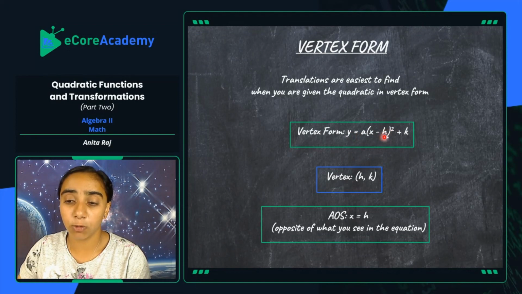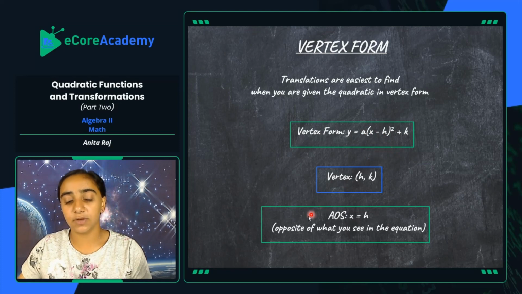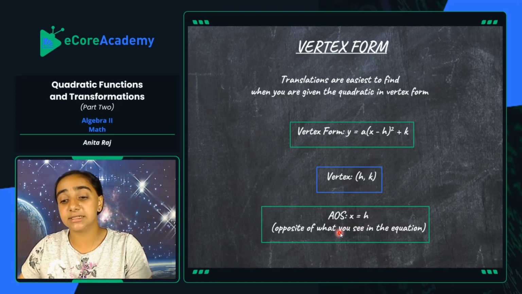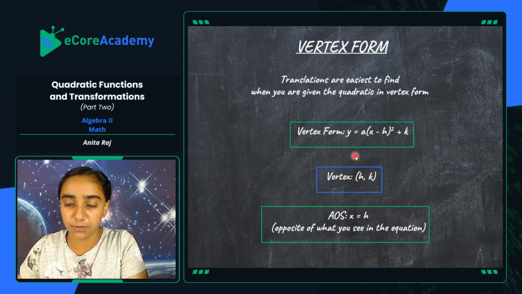Well, I would know the x coordinate is not negative 4. It's the opposite. It's 4. Same holds true if I said x plus 4. In this case, it would be the opposite. So the actual value would be negative 4. That's just how this vertex form works. So now you understand the axis of symmetry. Remember, x equals h. So your vertical line will be equal to the x coordinate of your vertex. It's always going to be the opposite of what you see in the vertex form equation.